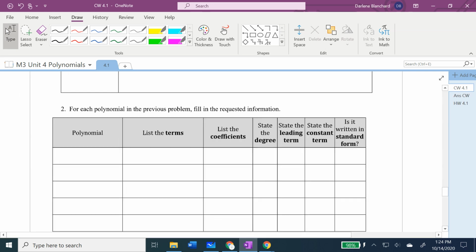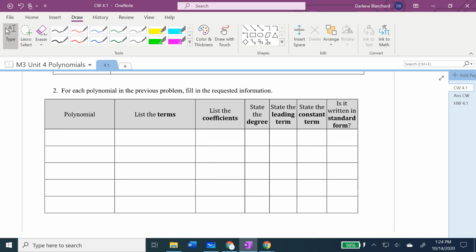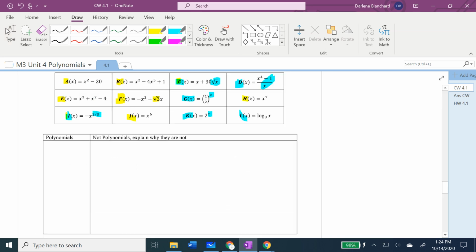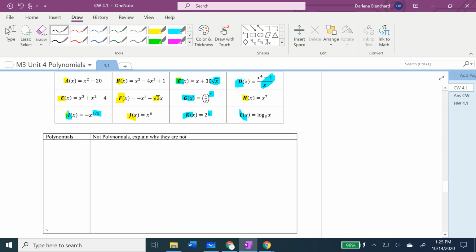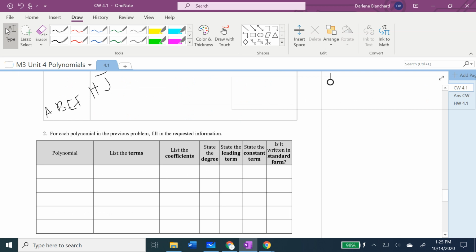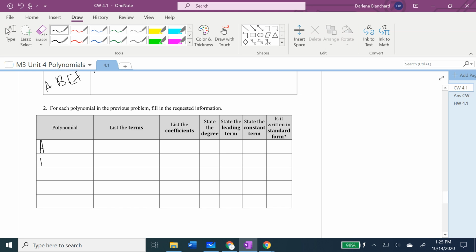All right. So for each polynomial in the previous problem. Now, here's the thing. I don't want you to pain yourself. Okay, so the polynomials that we had were, and I'm going to have to write it down here so I can see it, A, B, E, F, H, and J. A, B, E, F, and J. Anyway, these are the polynomials.